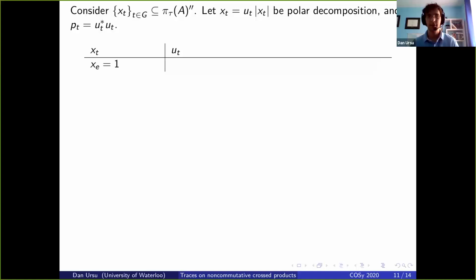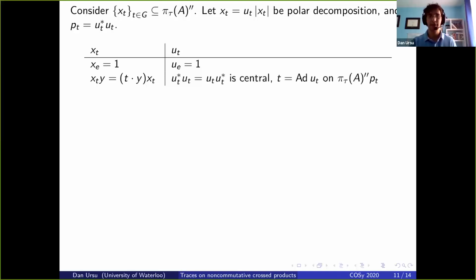So xe equals 1. I think we can all agree that the partial isometry that you get is again just 1 in the polar decomposition. This freely acting condition actually tells you a lot more than you might think at first glance. It's possible to deduce that ut is not just a partial isometry, but that ut star ut is equal to ut ut star, or in other words, the domain and the range projections coincide.